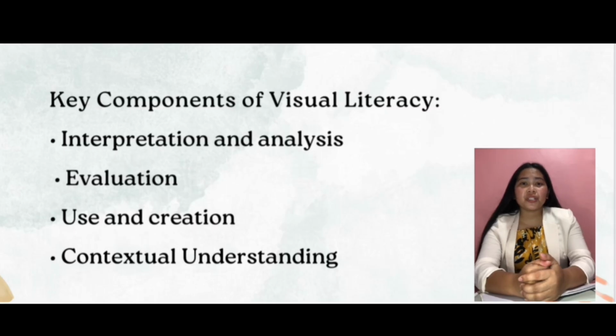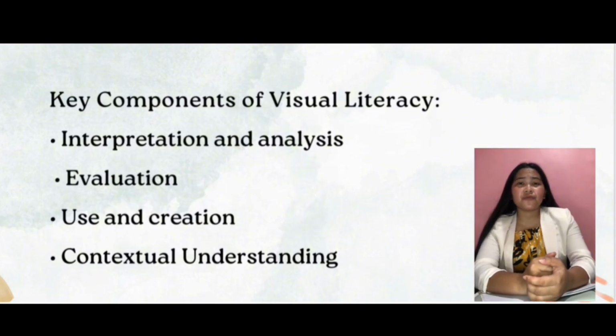Third, use and creation. Effectively using and creating visual messages to communicate ideas and convey meaning. Fourth, contextual understanding. Comprehending the ethical, legal, social, and economic issues surrounding the creation and use of images and visual media.